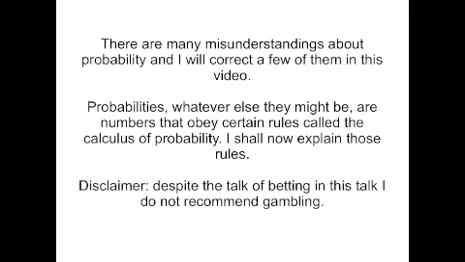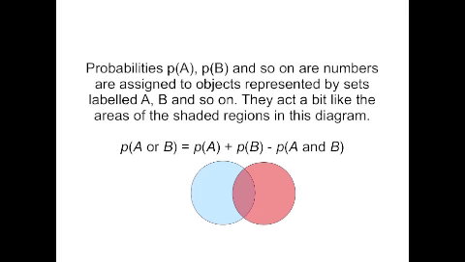A quick disclaimer: despite the talk of betting in this talk, I do not recommend gambling. Probabilities P(A), P(B), and so on are numbers assigned to objects represented by sets labelled A, B, and so on. They act a bit like the areas of the shaded regions in this diagram.